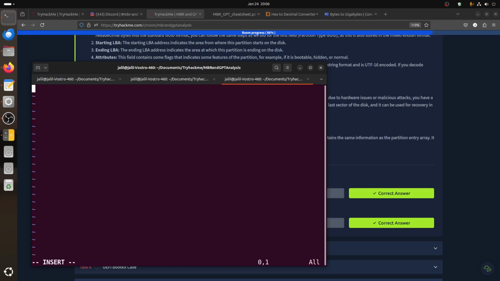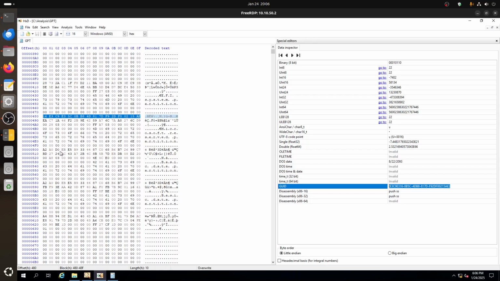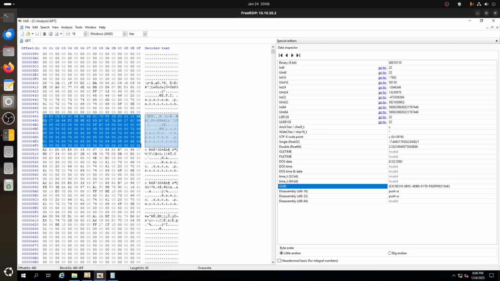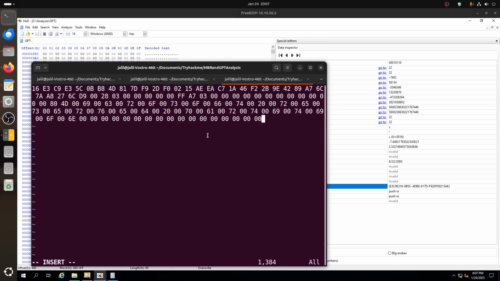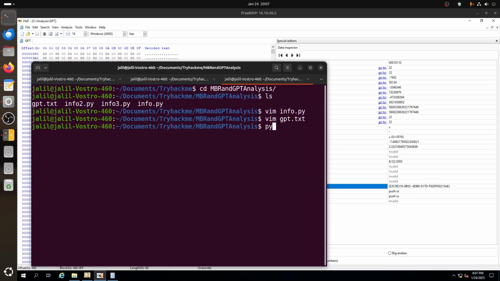Let's see if this script is still working. If I copy the first block to 0, copy this, and then come here and paste, I can just do python3 and run it.